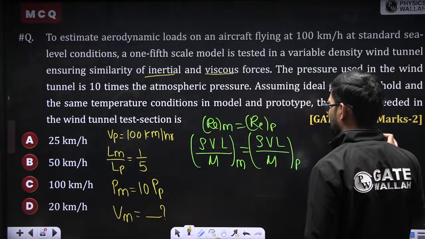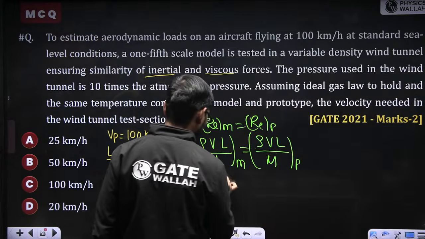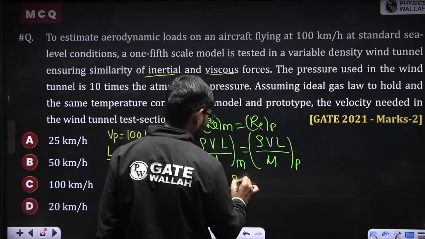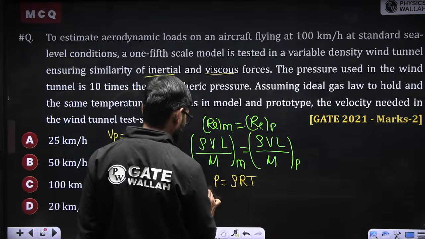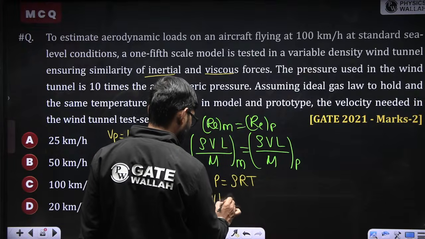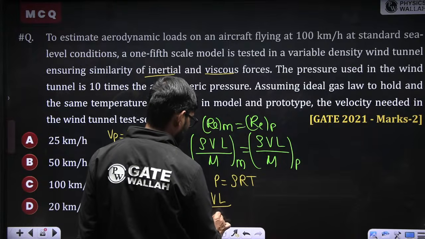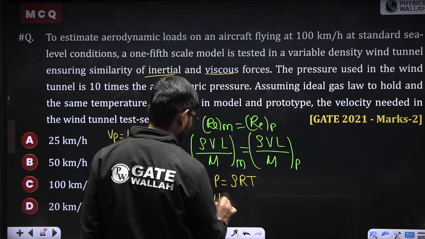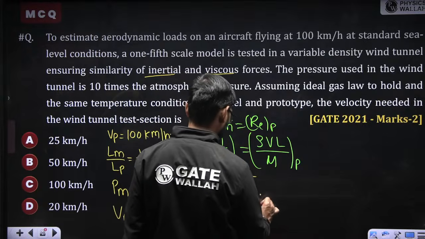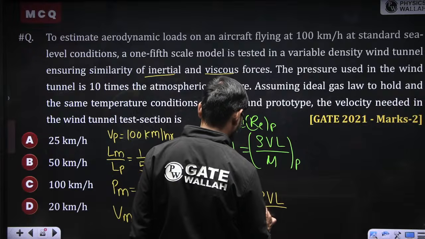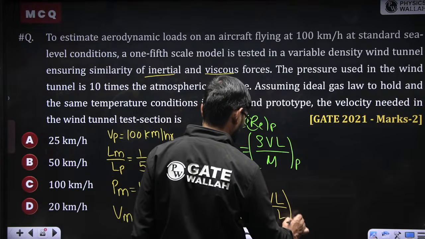So for that we can write P is equal to rho R T. So in place of rho I can write P by R T. So this can be P V L by R mu T of model is equal to P V L by R mu T of prototype.